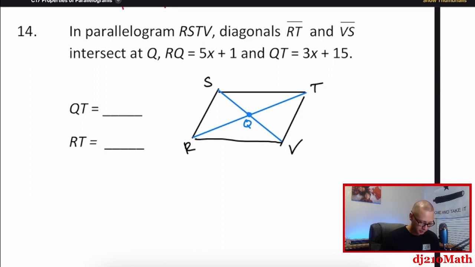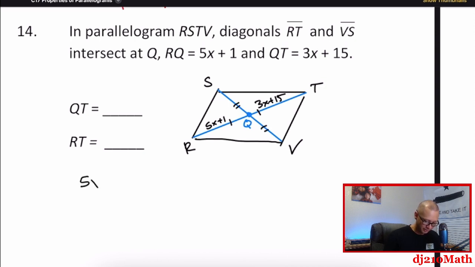Diagonals intersect at Q. So RQ is 5x plus 1, TQ is 3x plus 15. We know that the diagonals bisect each other, so these are going to be congruent, and these are going to be congruent.